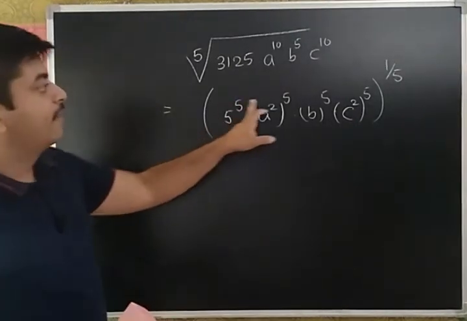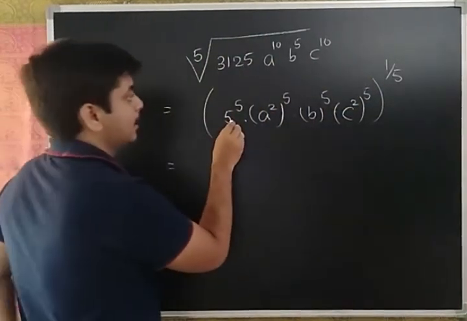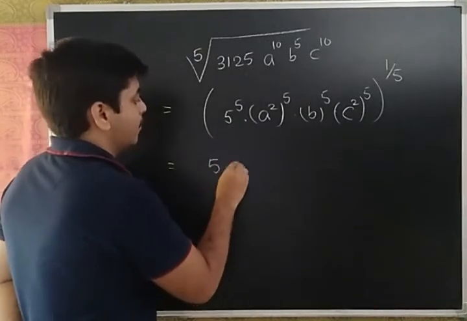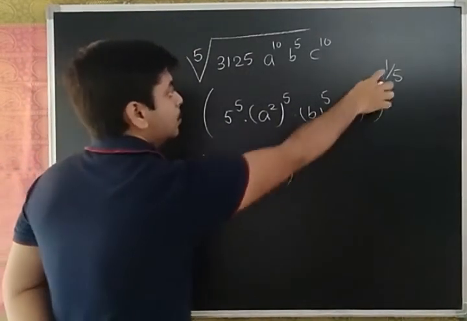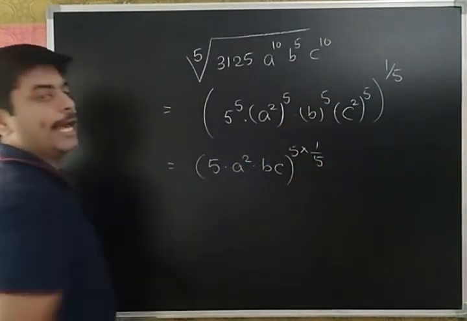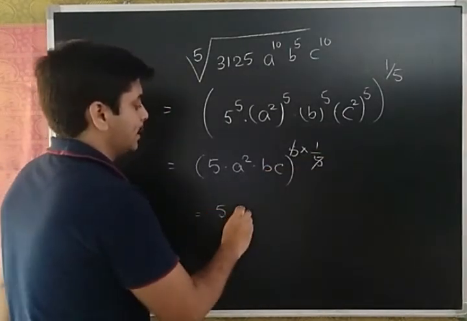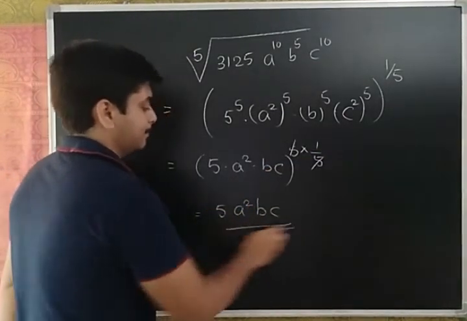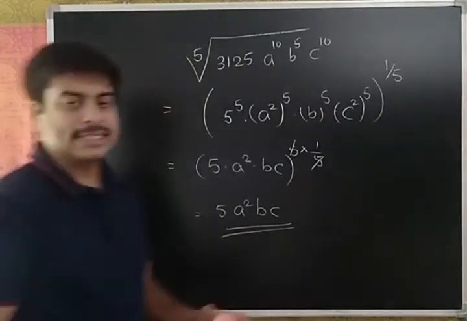So the power 5 gets cancelled with 1 by 5. A power m whole power n is a power m into n. So these two get cancelled and you will be left with 5 into a square bc. Let us see some more questions.